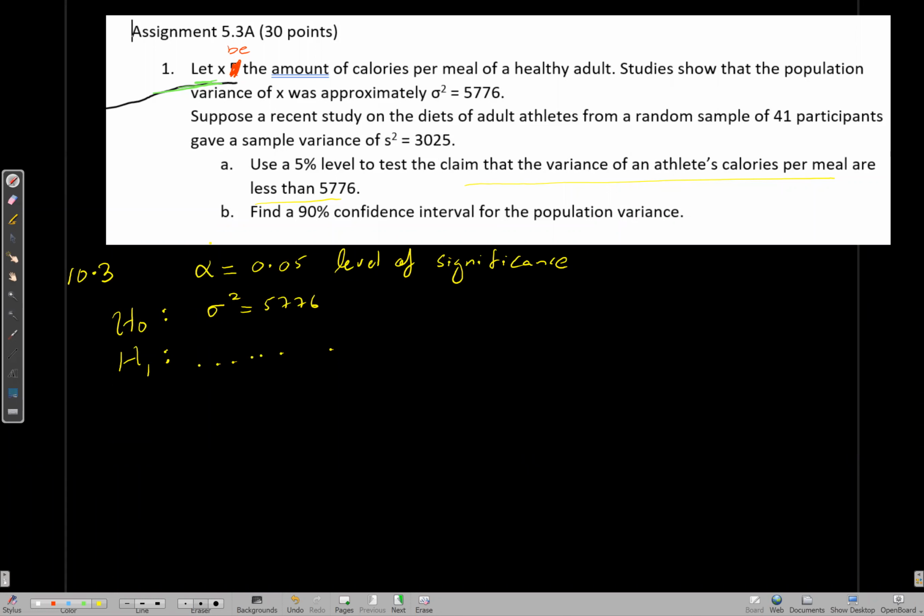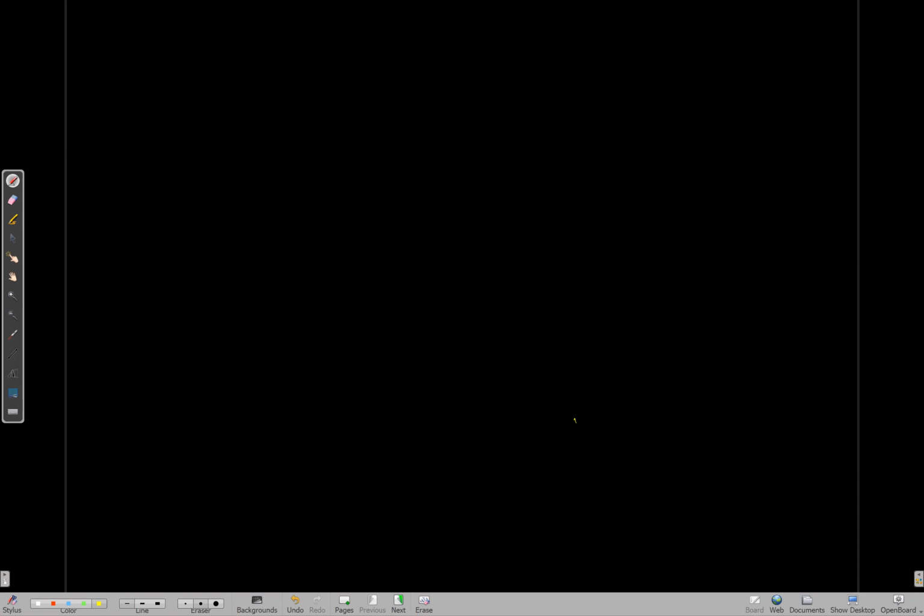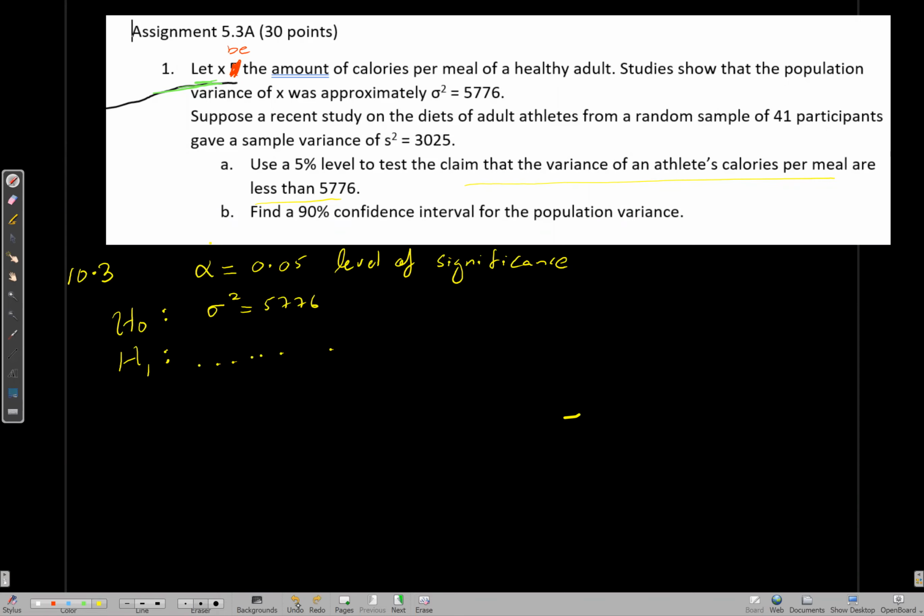Now what you actually need to do, find chi squared using this formula, which is explained in the slides, (n minus 1) s squared over sigma squared.